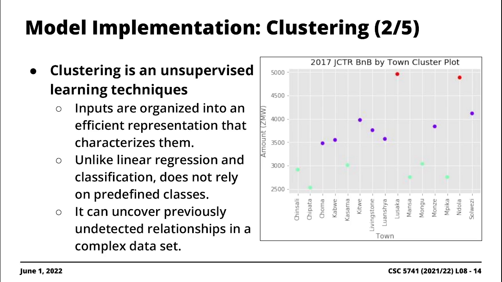Again, clustering is a classic example of an unsupervised machine learning technique. So you organize the input variables into an efficient representation that will be able to best categorize or characterize them. So you're forming groups.